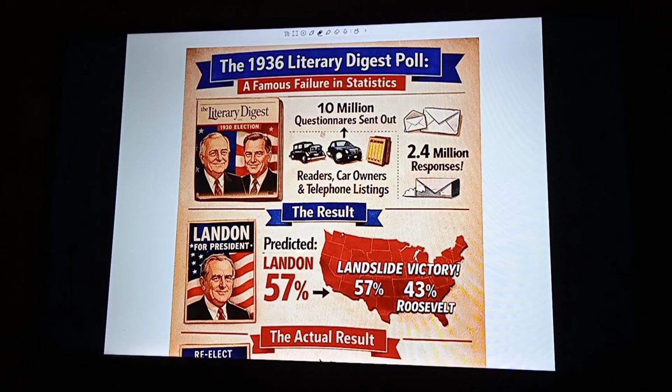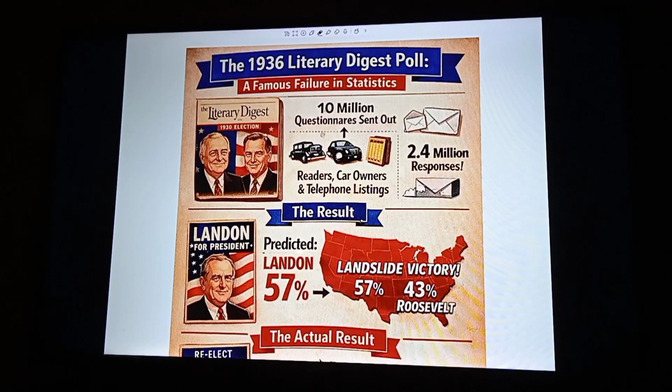But in 1936, such groups of people were mostly wealthy, and wealthy people were more likely to vote for Landon. So this was not representative. Even though the sample was very large, it was biased.